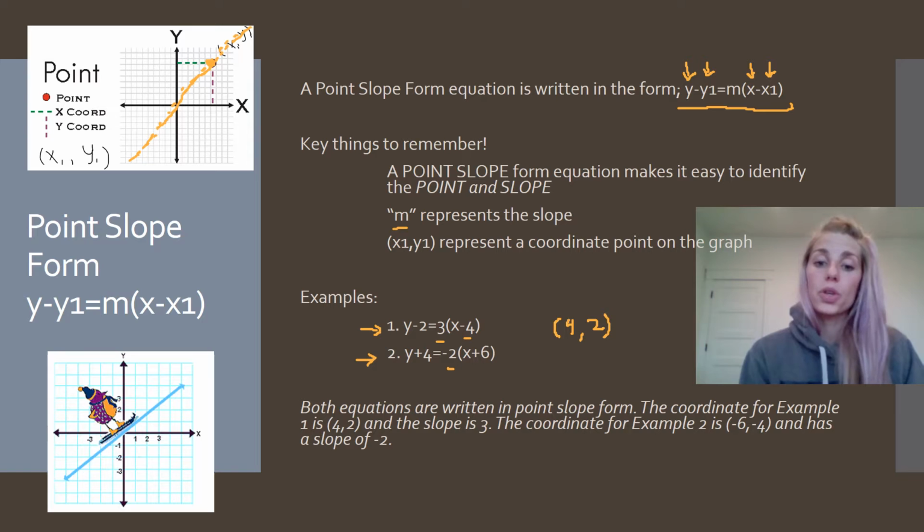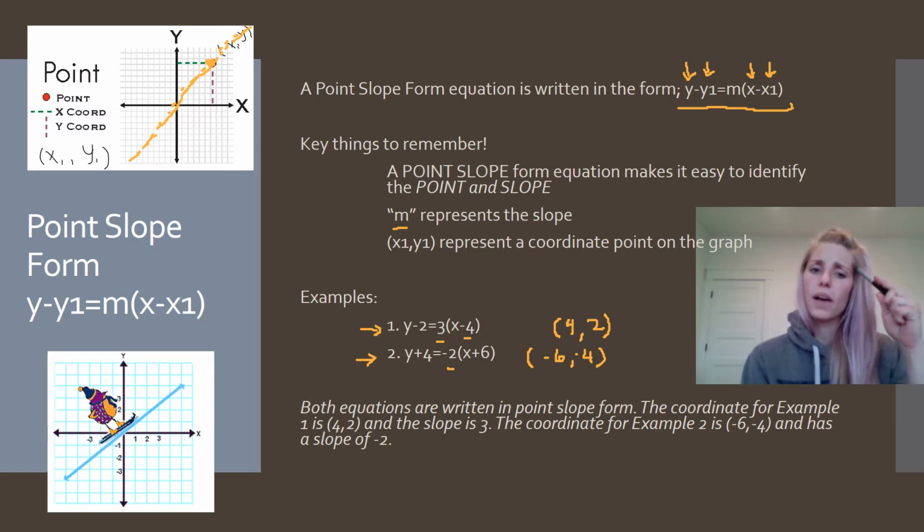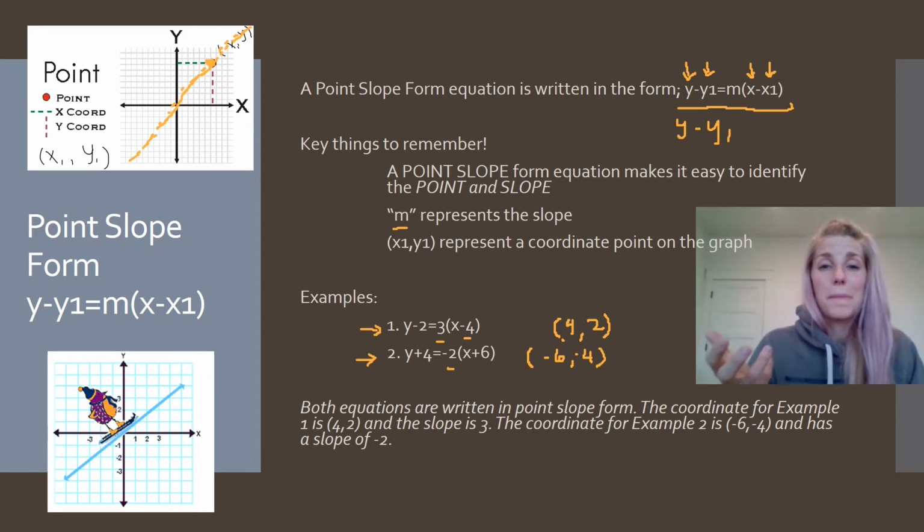In example number 2, the point we're using is negative 6 and negative 4. This seems a little bit counterintuitive, but you'll just have to remember that when you're looking at the equation, because you have a y minus a y1 to begin with, if you have a positive value and you put it in, you're going to have y minus that value.